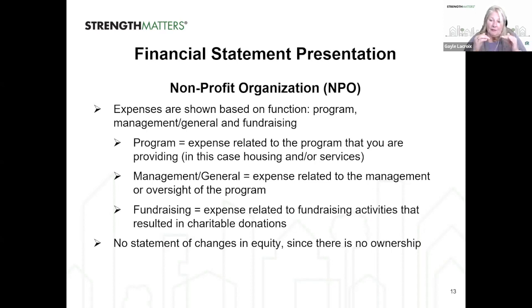And so depending upon how many programs you have, and we're going to have a poll question about that, if you have 5 major programs, you're going to see 5 lines on your statement of activities. If you only have 1 program, like we just saw in the sample statement, it was just 1 line item. In the notes, or as another statement that could go behind the statement of activities, there's something called a functional expense statement.